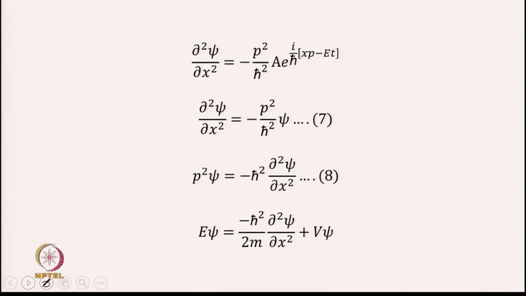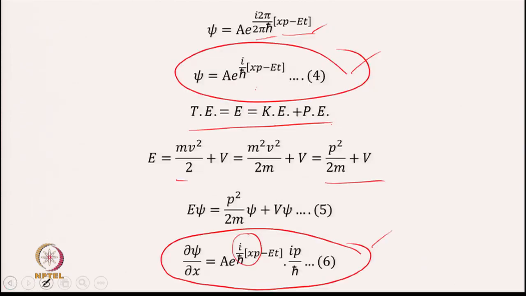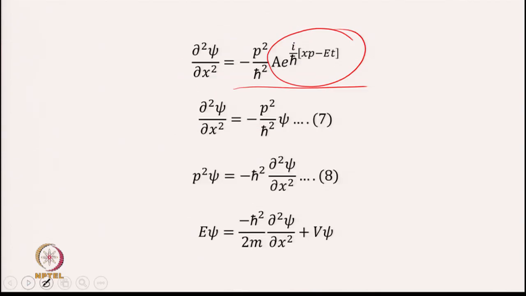Now if you do the double differential of psi with respect to x, what we get is minus p square by h cross square times the whole wave function. This is simple: it is the square of i p by h cross. So minus p square by h cross square, and this is your wave function.